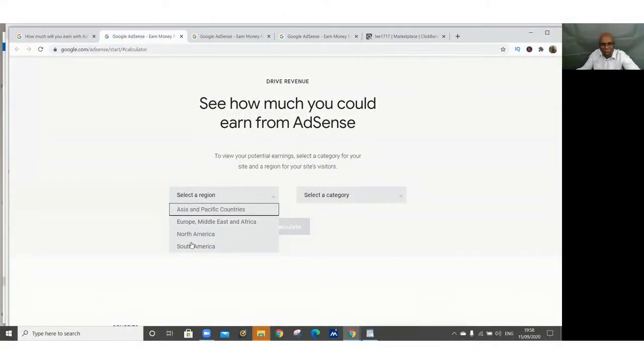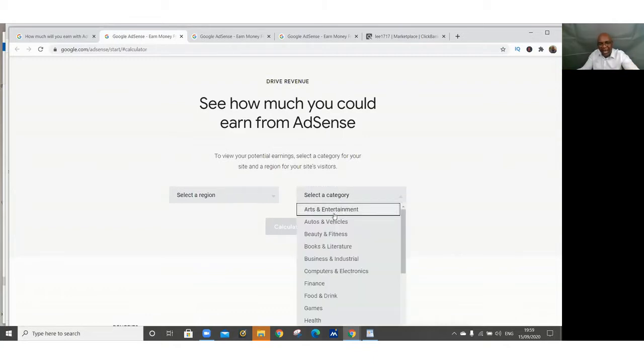Google has divided the world into 4 regions: Asia and Pacific countries, Europe, Middle East, and Africa, North America, and South America, right? And then there are some categories of content or videos that you can create, and that will give you different rates, okay?